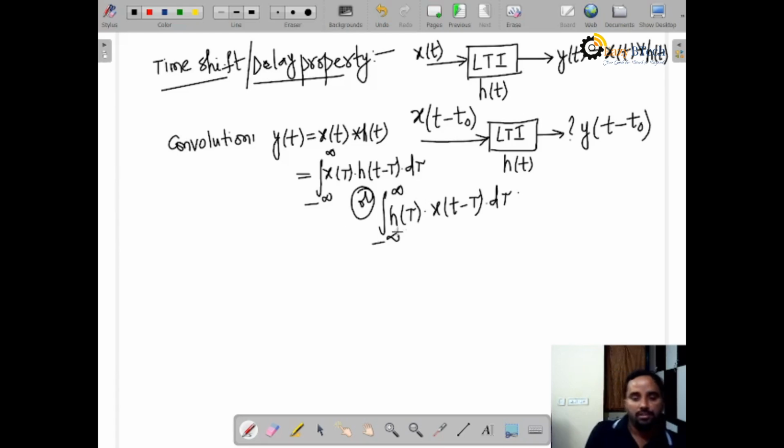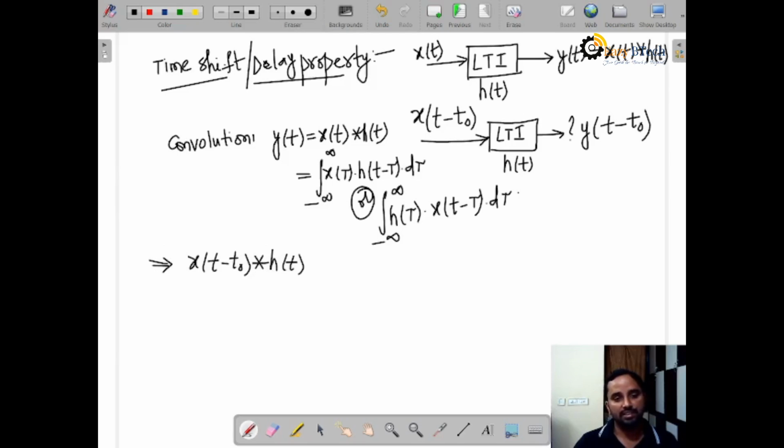So now I am going to write the second statement. What is the second statement? x of t minus t naught convolution h of t. This must be equal to y of t minus t naught. That we are going to prove. So take the convolution of x of t minus t naught with h of t.